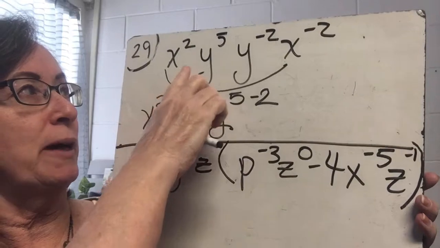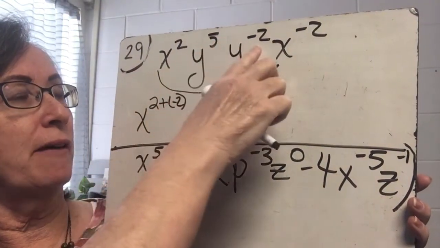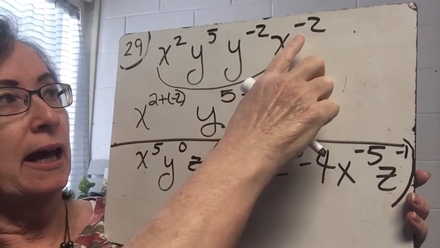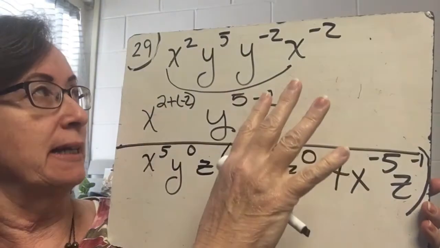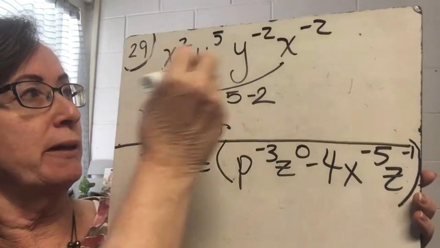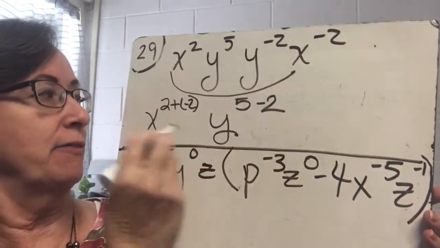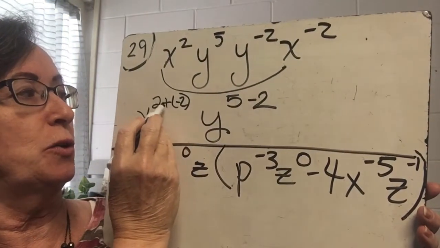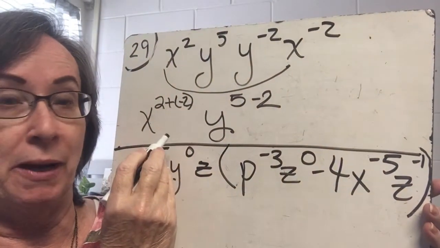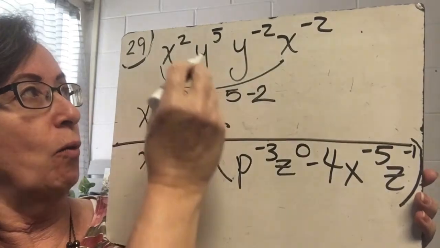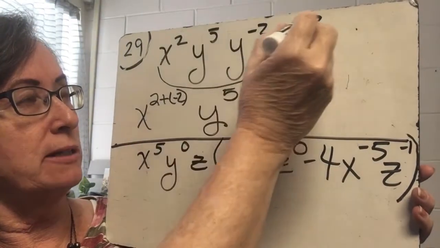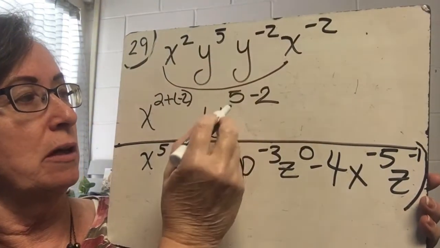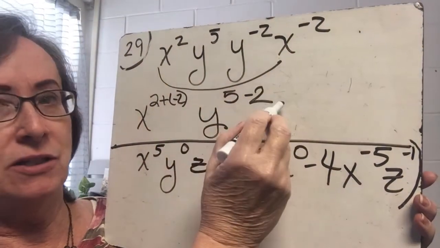Okay, so here we have x squared, y to the 5th, y to the negative 2, x to the negative 2, all multiplied together. So we're going to join the x squared and the x to the negative 2 to get x to the 2 plus a negative 2, or 2 minus 2. And then y to the 5th and y to the negative 2 would be y to the 5 minus 2.